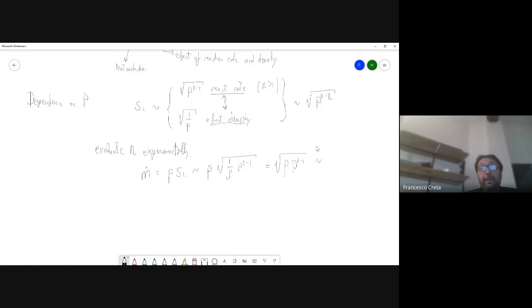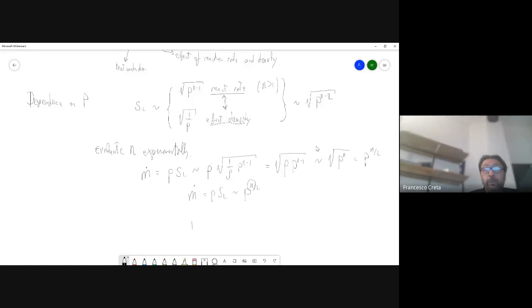And you see now that the mass flow scales essentially like P to the n, or if you will, P to the n divided by 2, the square root of P to the n. So what's the use of this? Well, it's an expression that tells us that we can relate the mass flow, rho SL, to the pressure and to the reaction order.